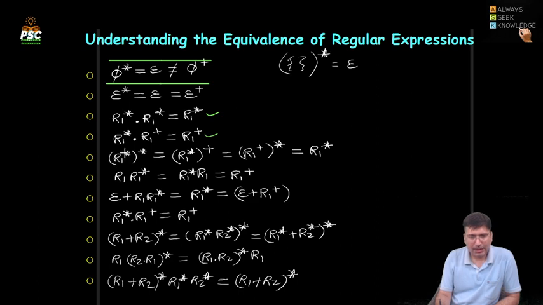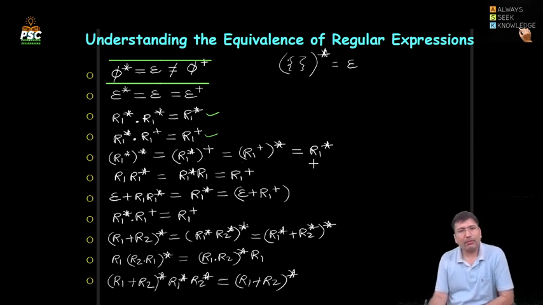Now R1 star to the star, R1 Kleene closure to the Kleene closure, or R1 Kleene closure to the positive closure, or R1 positive closure of the Kleene closure of it, is equivalent to R1 star only.